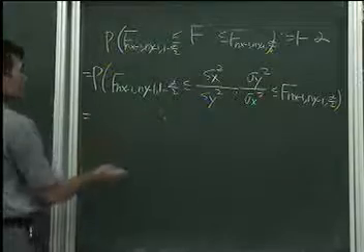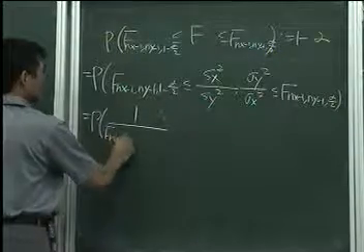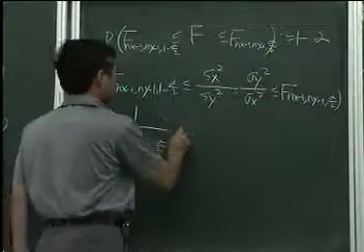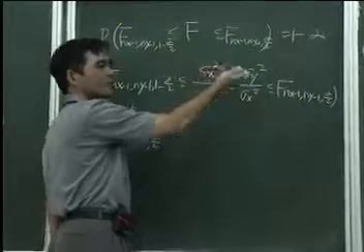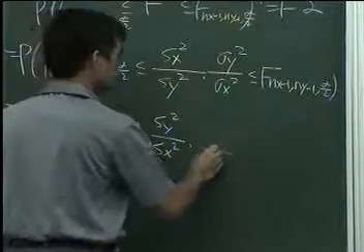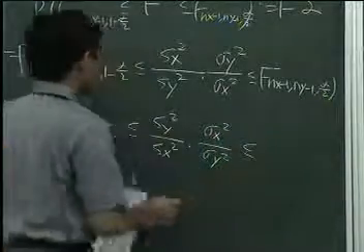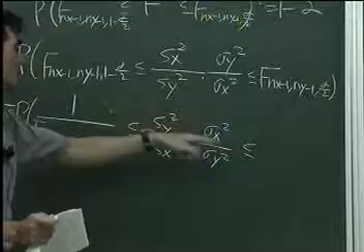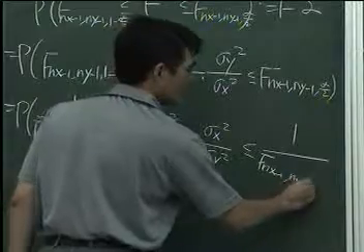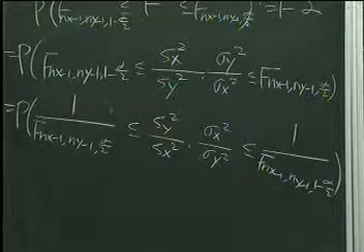So we have P(1 over F_{nx-1, ny-1, alpha/2}, and then, because everything has to be upside down, S_x squared over S_y squared, and then sigma_y squared over sigma_x squared, and then this one should be down here, 1 over F_{nx-1, ny-1, 1-alpha/2}. Okay? Any questions so far?